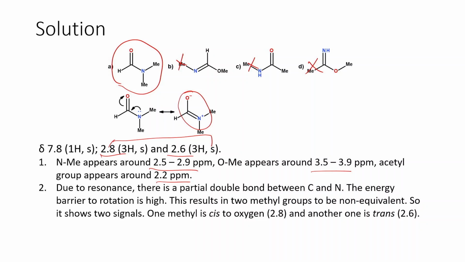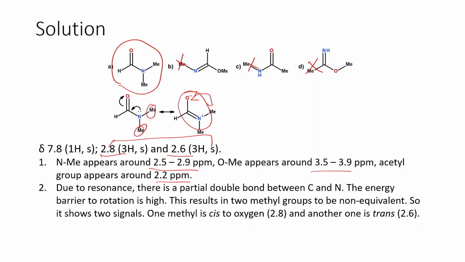Because of the presence of the carbon-nitrogen double bond, the free rotation of these two methyl groups is now frozen. In other words, there is a barrier to this rotation. One of the methyls will be present closer to the oxygen, and the other methyl is far away from the oxygen.